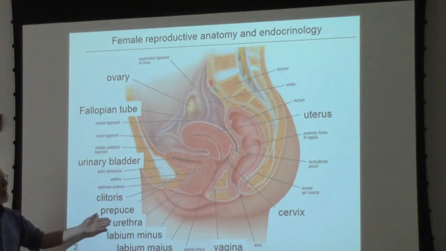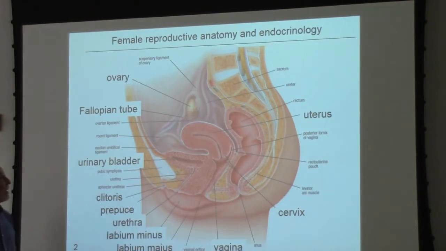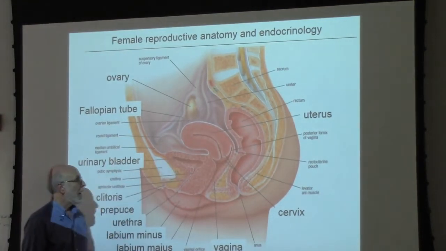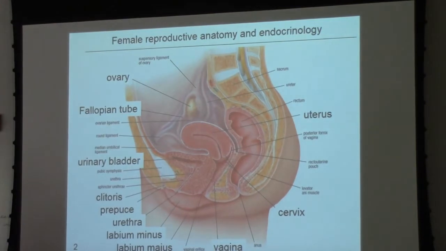The urethra is not part of the female reproductive system. It's part of the urinary system, so it's connected to the urinary bladder, but it's in the same vicinity. I'm just pointing that out as a point of reference. And then the vagina is the opening from the outside to the cervix and the uterus.